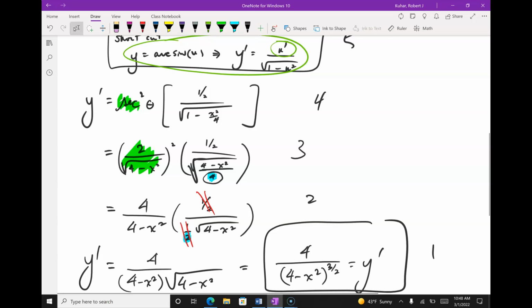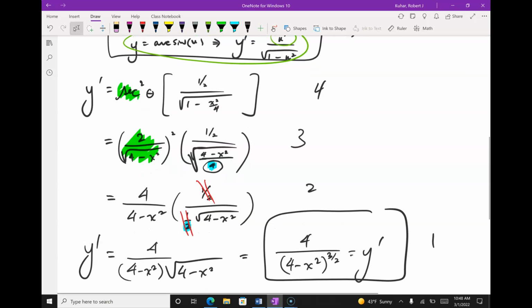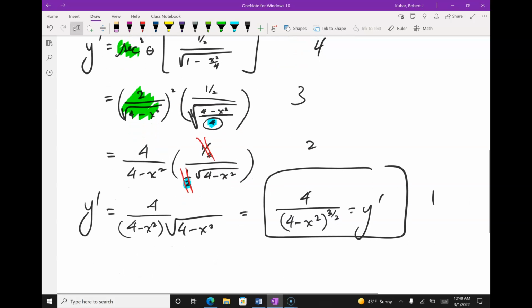Pretty nasty. But this is our last piece that I'm putting on the exam. Another?